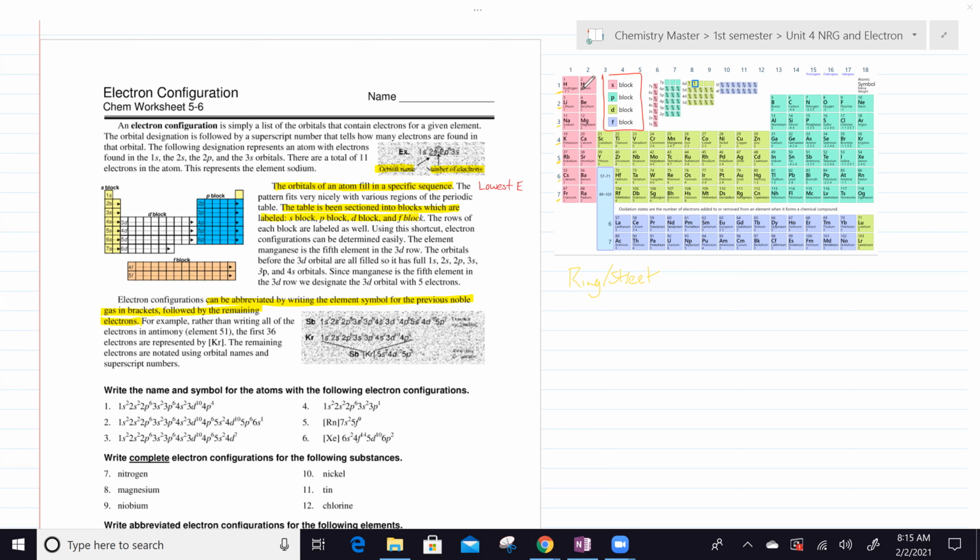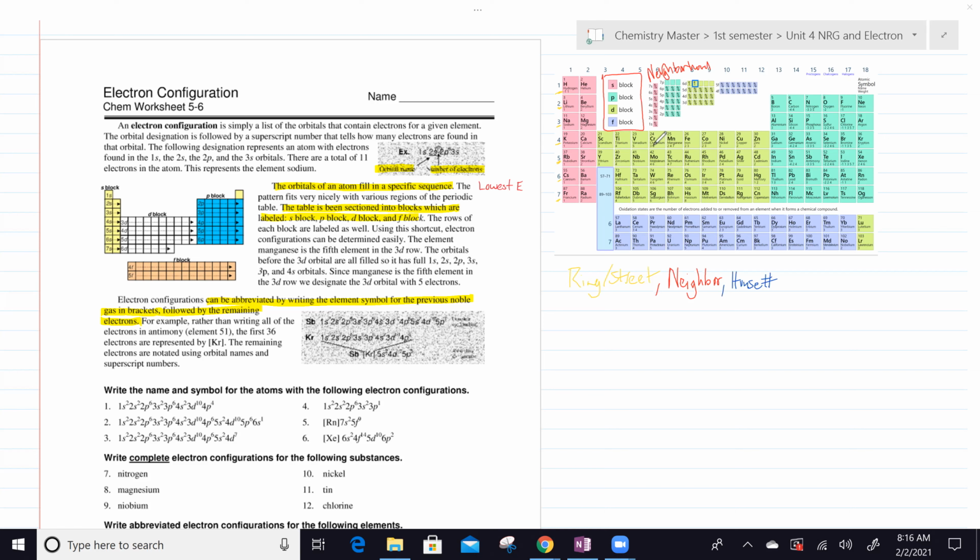That's gonna be the second part, neighborhood. And then the last part is gonna be the house number. So let me show you what I mean by house number.